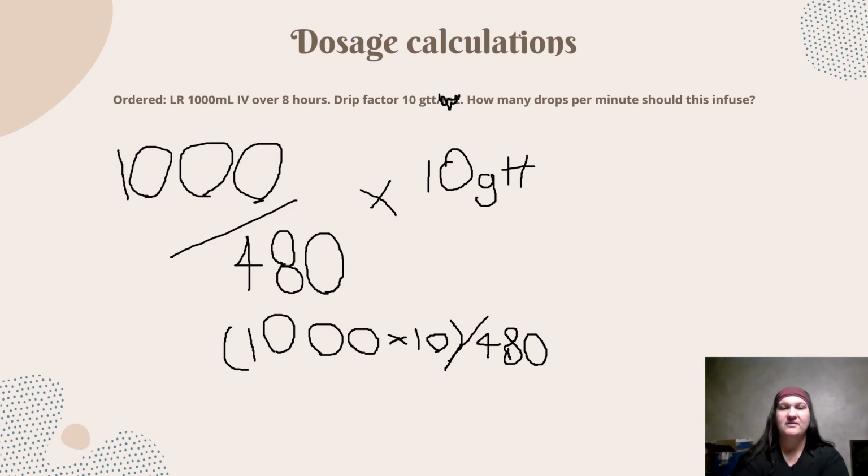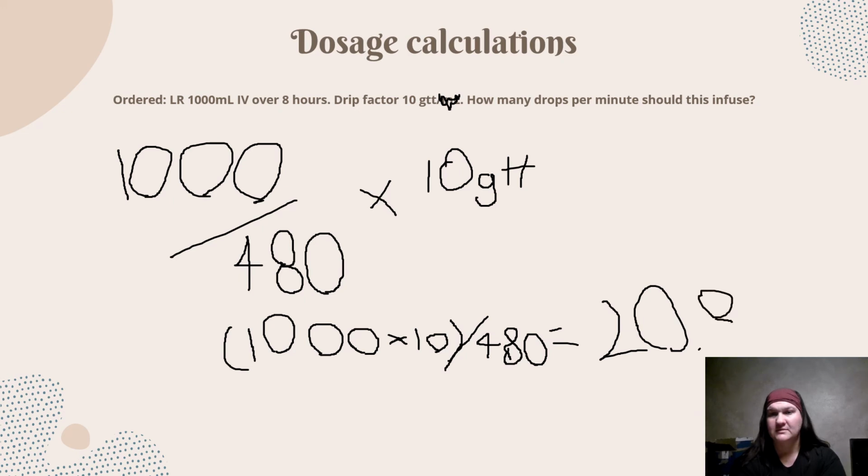So if that equals 20.8, and it carries on 333333, again, you just round up.